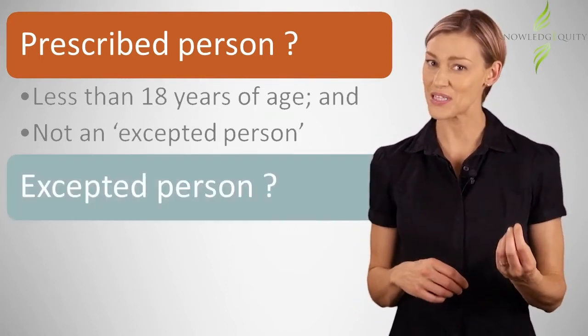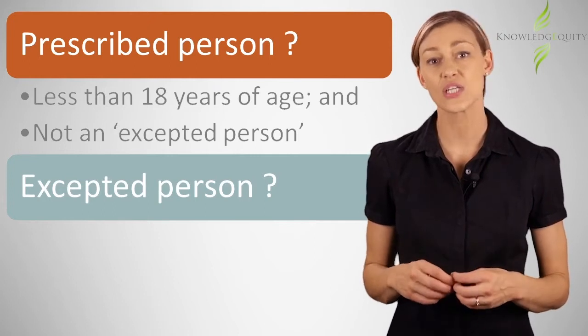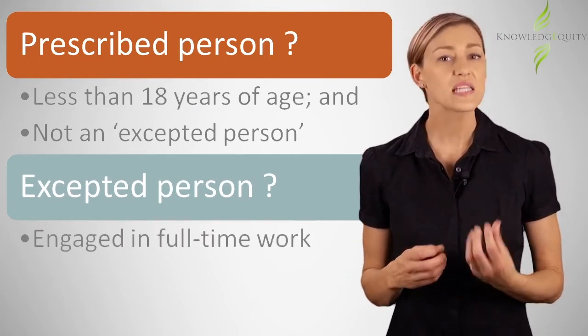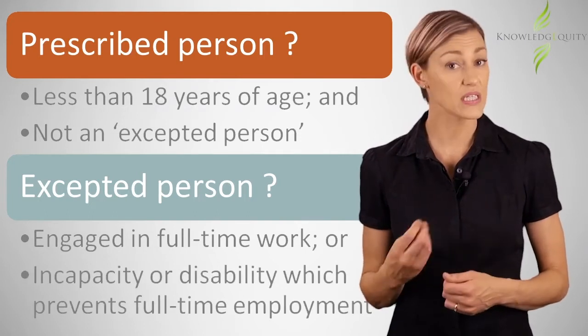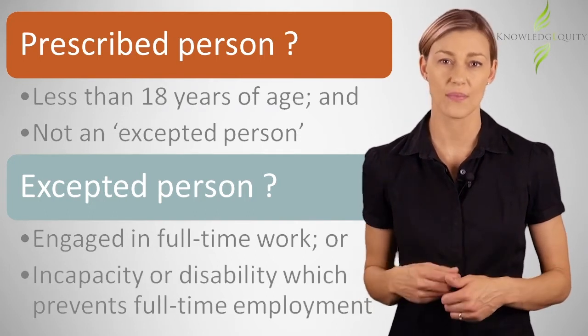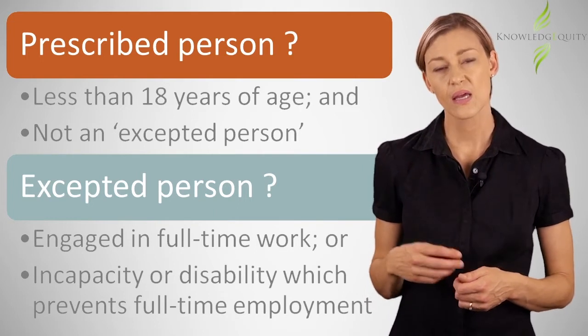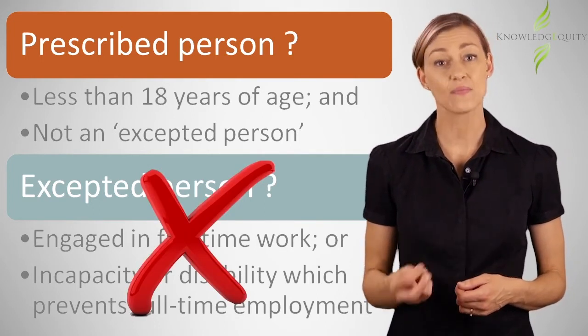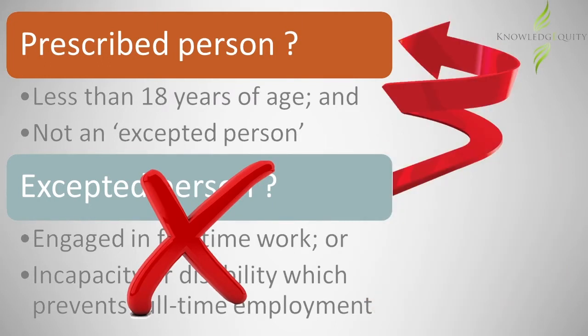An accepted person is a minor who was engaged in a full-time occupation on 30 June or suffers from some incapacity or disability which prevents full-time employment. If a minor does not qualify as an accepted person, they will be deemed a prescribed person and all their income will be assessable unless it can be classified as accepted assessable income.